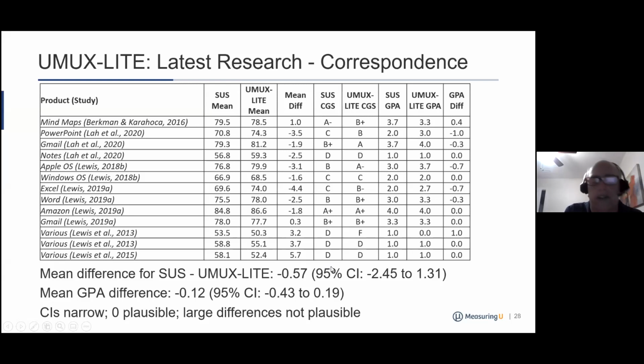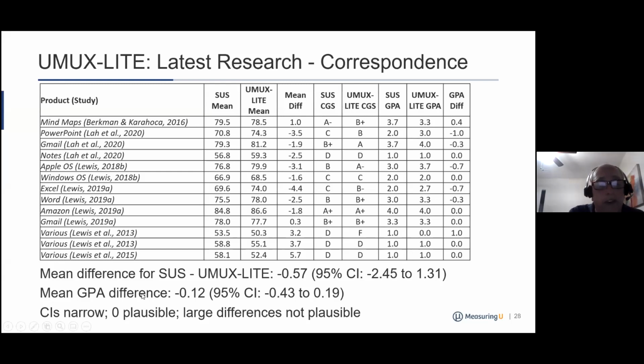And yes, it's not a gigantic sample size, but if we do a confidence interval across the data we have, it looks like it's constrained to maybe positive 1.3 to negative 2.5 points. So they're showing what I would consider to be a pretty good level of correspondence.